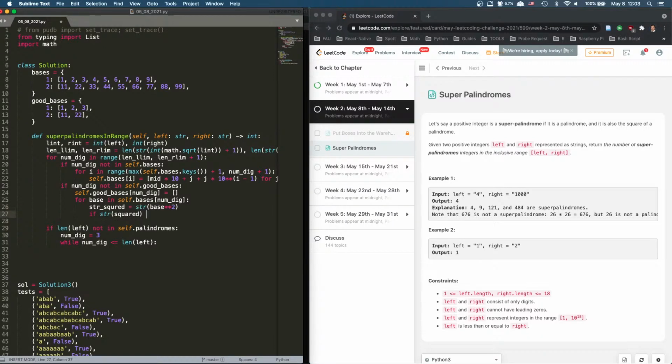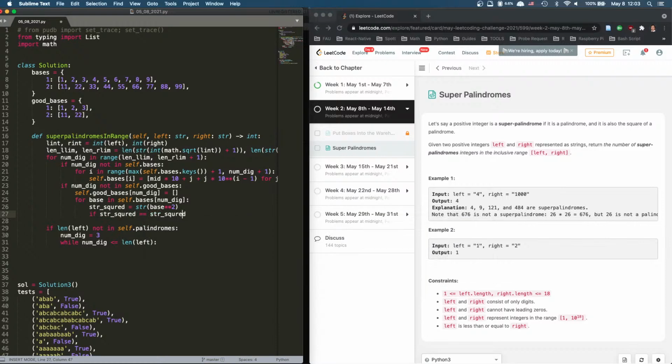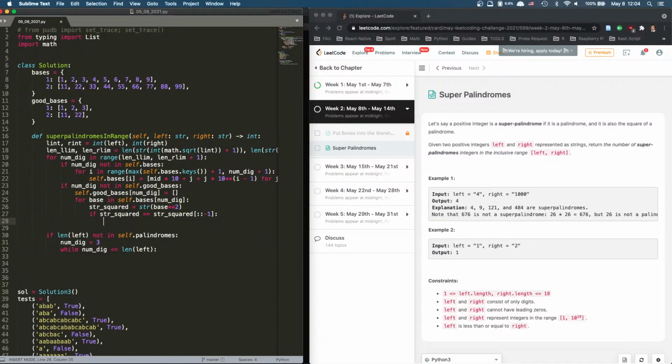So we say if str squared equals to str squared reversed, right? Okay. This equals, that's palindrome. If this is that, so self.good basis num digit dot append what?